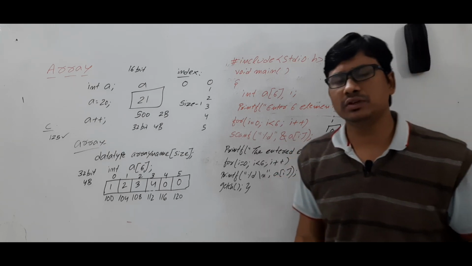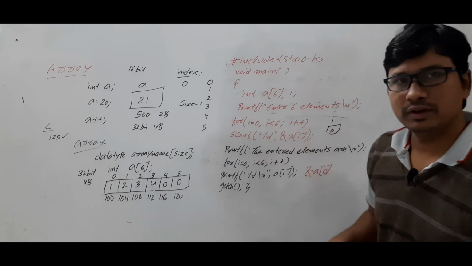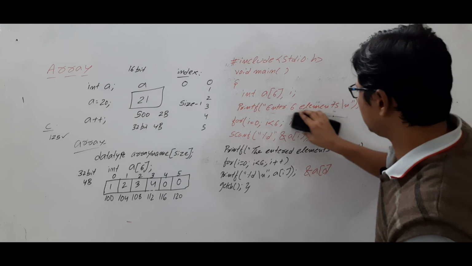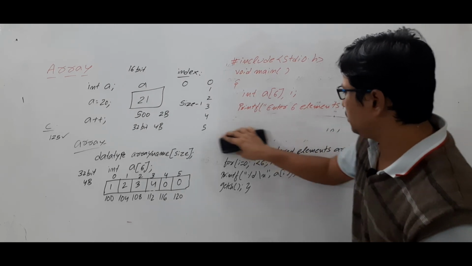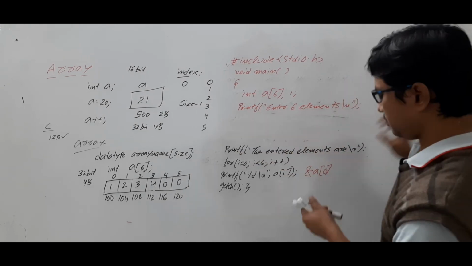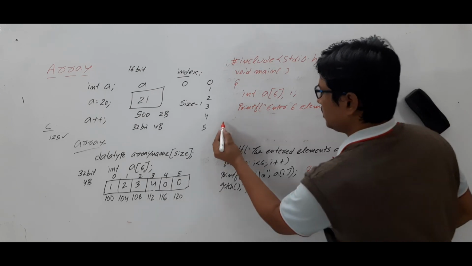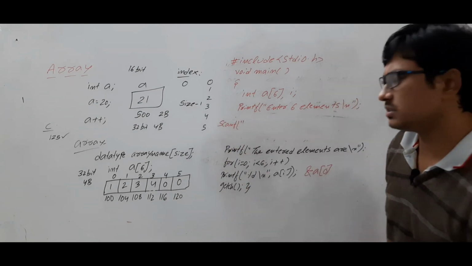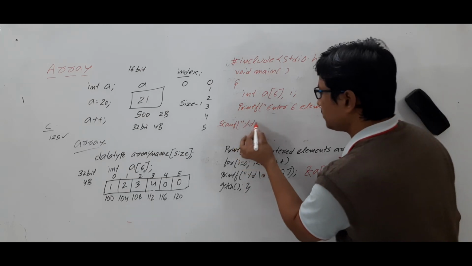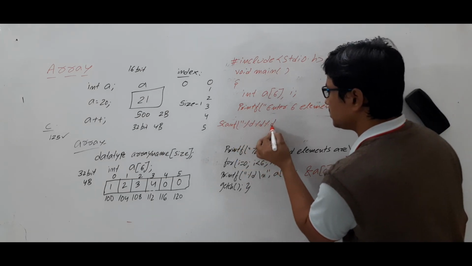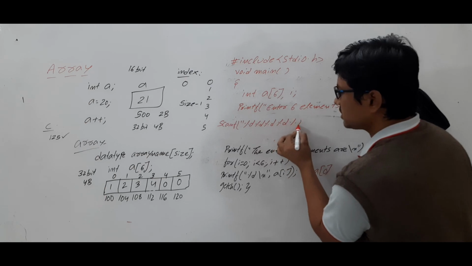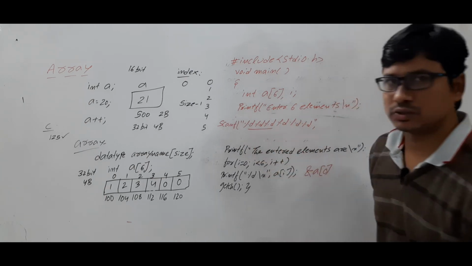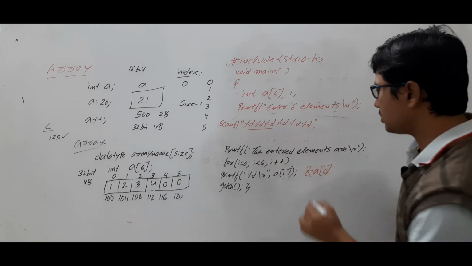Now a lot of students will have the doubt: sir, instead of the loop, can I write a single scanf? Yes, without using the loop you can do it. Then how do you do it? You have to write scanf. As you need to read 6 values, you have to write %d six times, because you are reading integer constants.